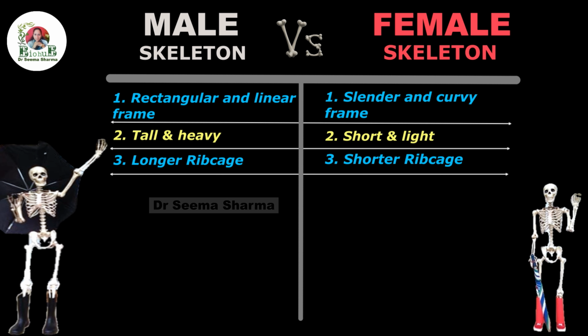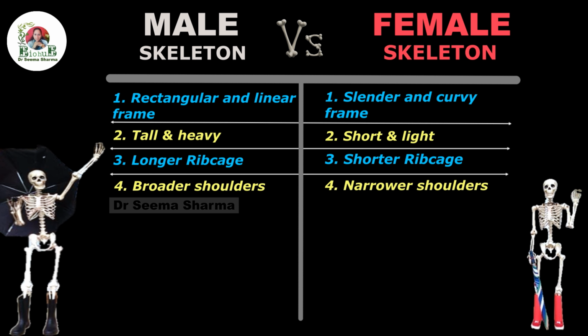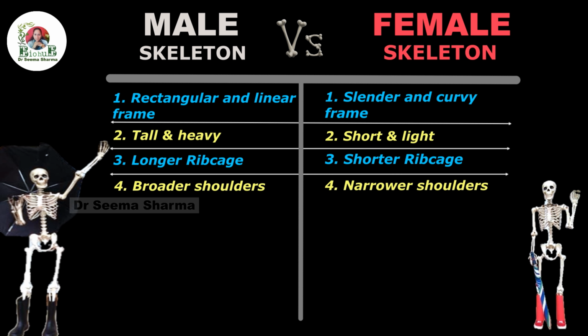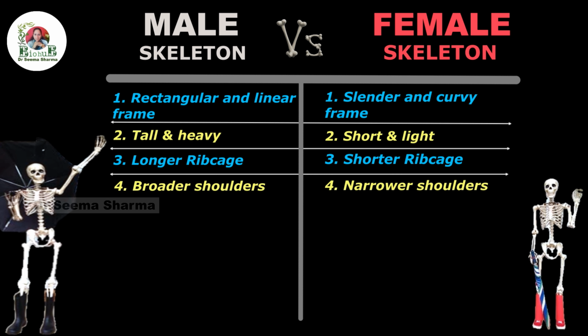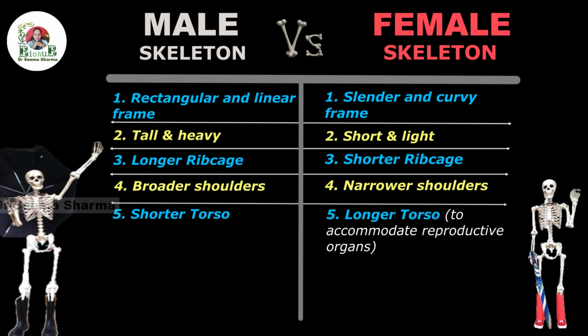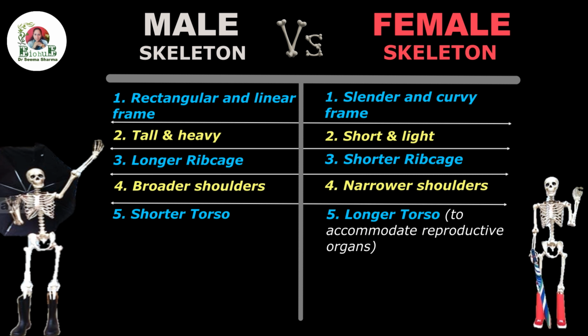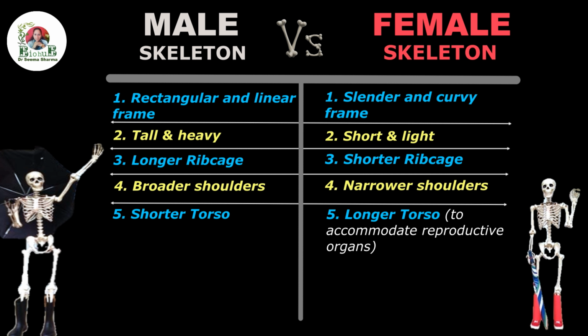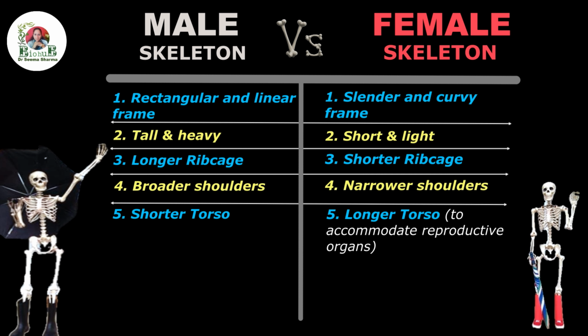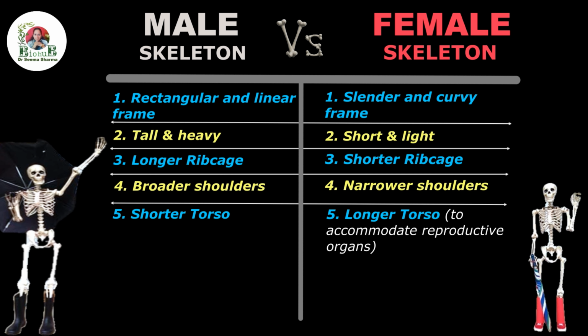Male skeleton has broader shoulders. Female skeleton has narrow shoulders. In case of male skeleton, the torso is short, and in case of female, the torso is longer. And the reason is it has to accommodate the reproductive organs.